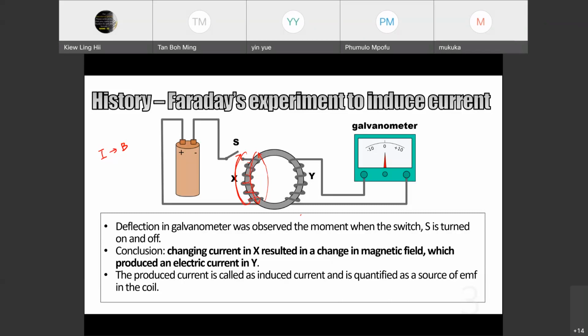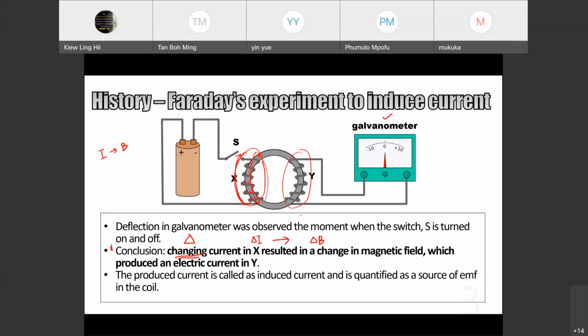However, he discovered something new. He found that changing current in coil X here, the key word is the change here, will result in current generated in your coil Y. Meaning that when there is a change in current, it will result in a change in magnetic field.